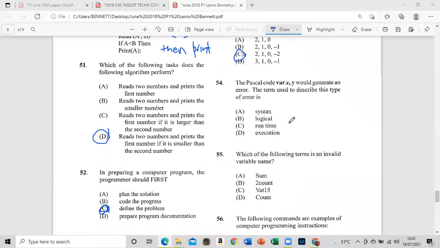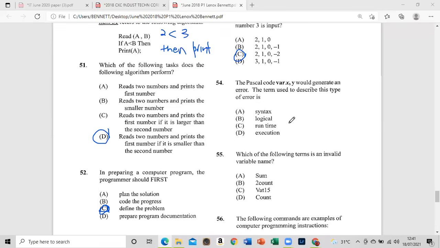All right, guys. Not sure about this one, but I'm going with syntax. Again, guys, you can leave your opinion on this one. I don't know if I'm misinterpreting the question, but I'll go with syntax. It's a language error.